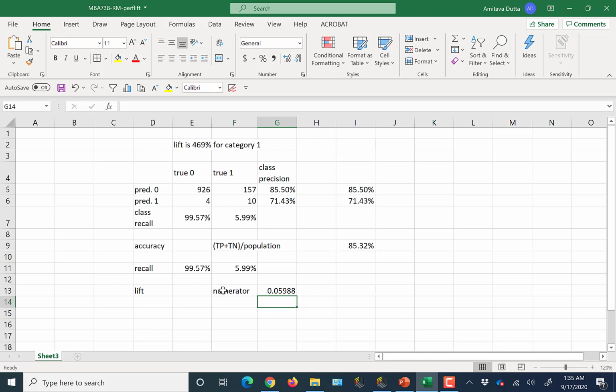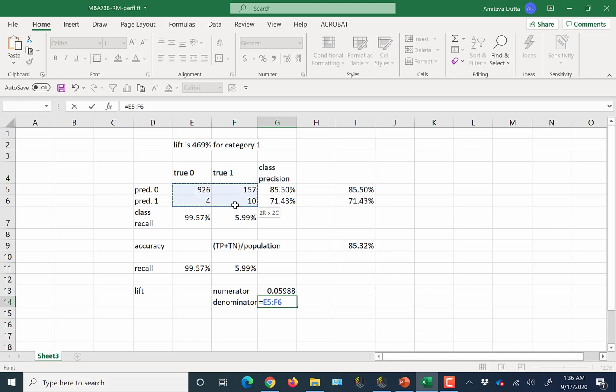Okay, but now let's look at the denominator. The denominator is, if this individual is drawn from the population at large, what is the likelihood that the model will identify this individual as being from CHT? Okay, so if you think of the population at large, we are thinking about all four categories in the confusion matrix, so that will be the denominator.